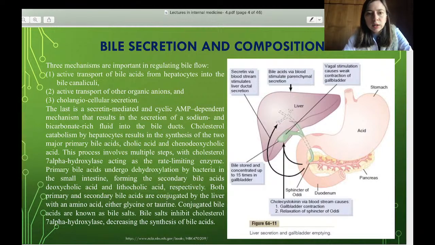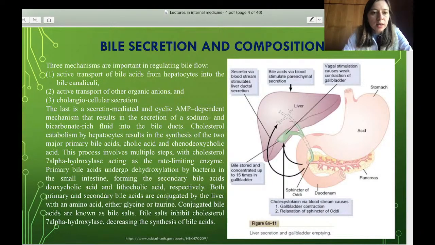into the bile ducts. Cholesterol catabolism by hepatocytes results in the synthesis of the two major primary bile acids, cholic acid and chenodeoxycholic acid. This process involves multiple steps with cholesterol 7-alpha hydroxylase acting as the rate-limiting enzyme.